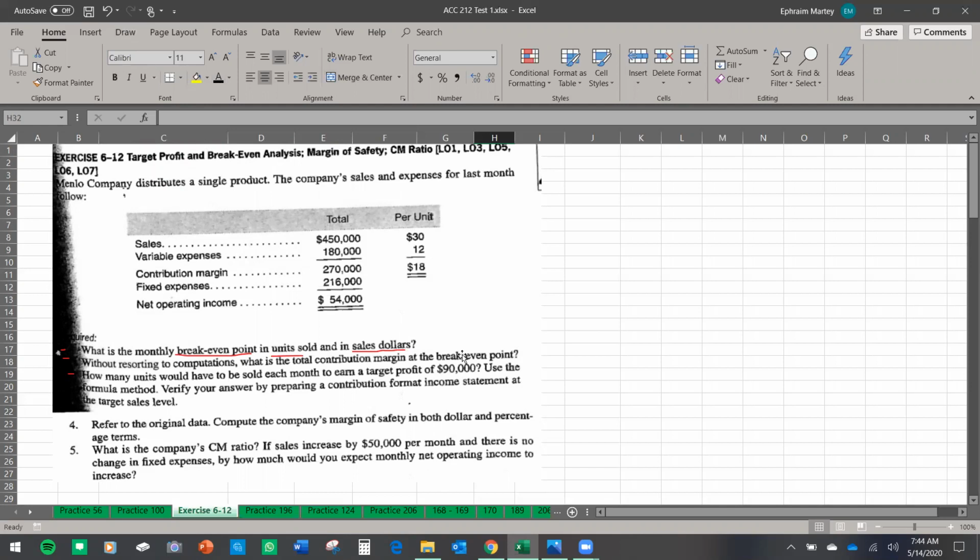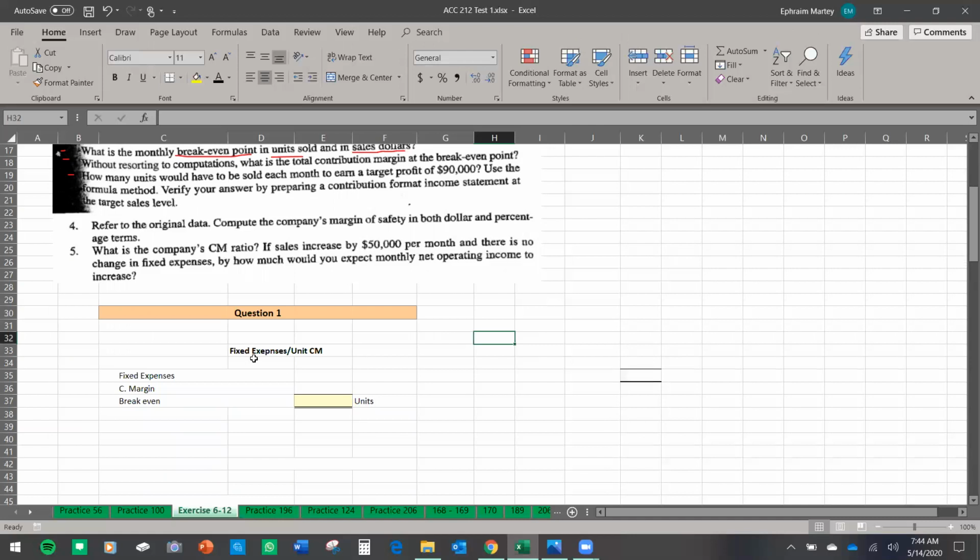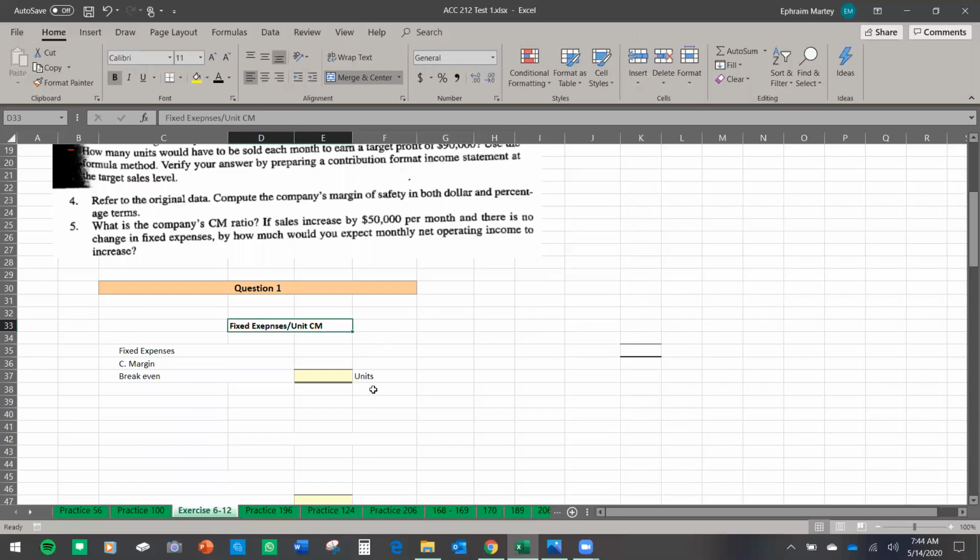That means your contribution margin should always be equal to your fixed expenses or your fixed cost when it comes to break even. So once your contribution margin is equal to your fixed expenses, you are at a break even point. Okay, so let's look for break even. So that's why we use fixed expenses divided by unit contribution margin, and this is used for finding in units. Okay, there are 2 formulas.